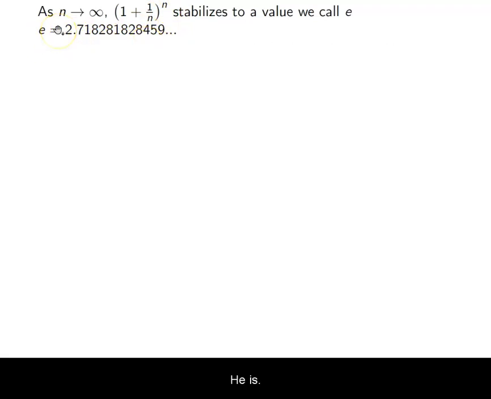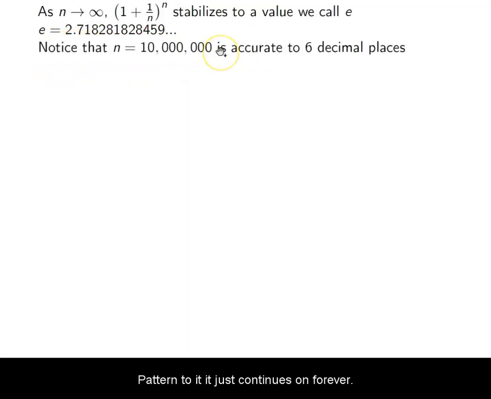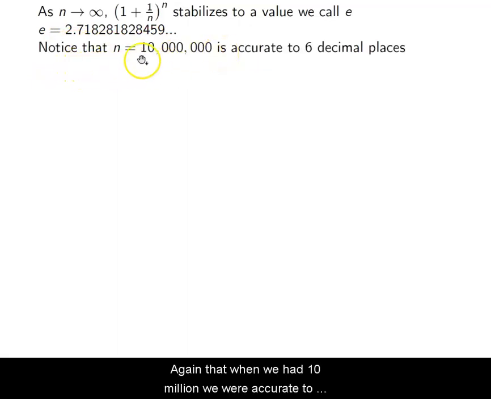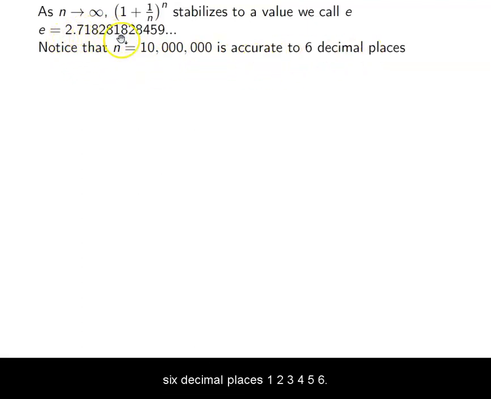Okay, now e is an irrational number, right? It's just like pi. It goes on forever. It does not repeat. There's no pattern to it. It just continues on forever and ever. Okay. So notice again that when we had 10 million, we were accurate to 6 decimal places. 1, 2, 3, 4, 5, 6.